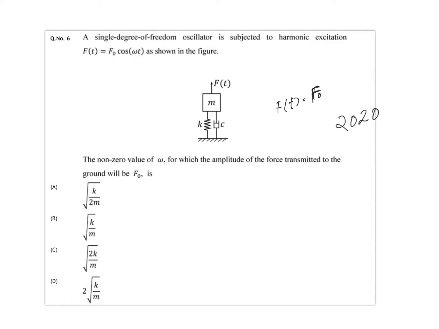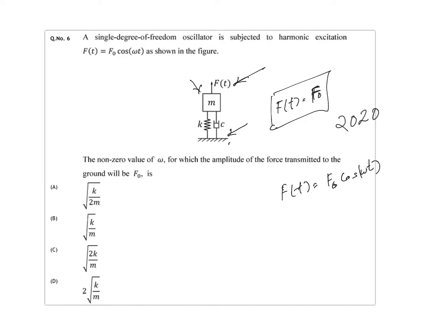So this is the static problem, where I mean to say that the force doesn't change with respect to time. Then the force transmitted to the ground will be simply F0, because that is how statics work. Whatever force you apply here gets transmitted to here. Concept number 1: in dynamics, when f of t is F0 cos omega t, depending upon the time instant, the force acting on this mass varies.